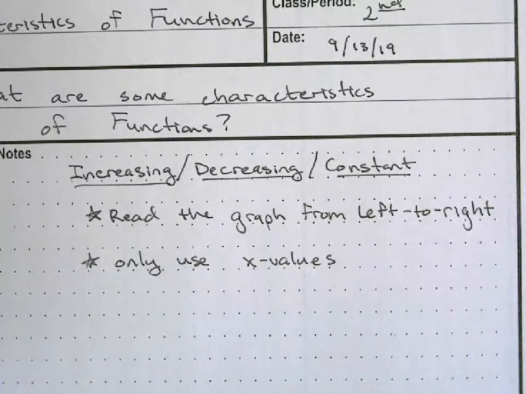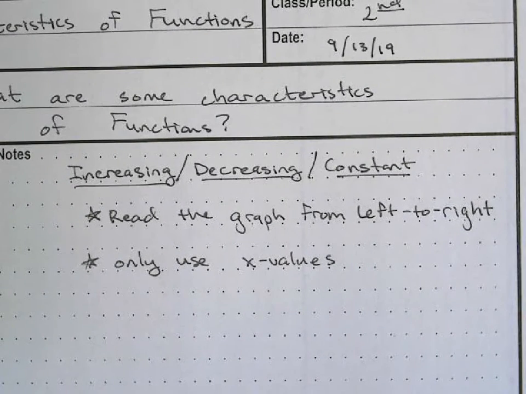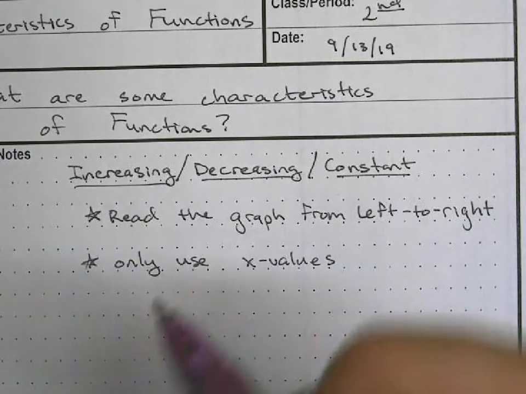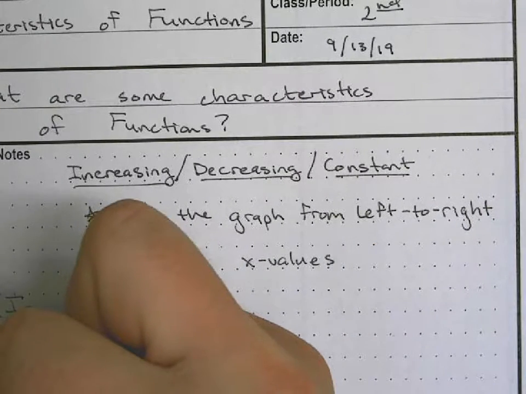We're not even going to look at the y values when we're talking about where is it increasing, where is it decreasing, where is it constant. Only looking at x values. So let's give these ideas some definitions.